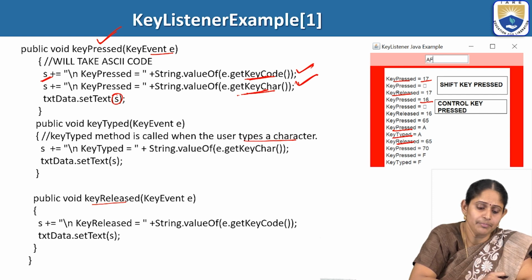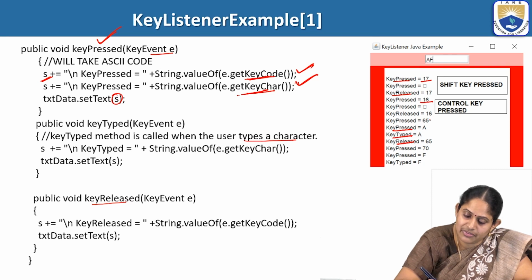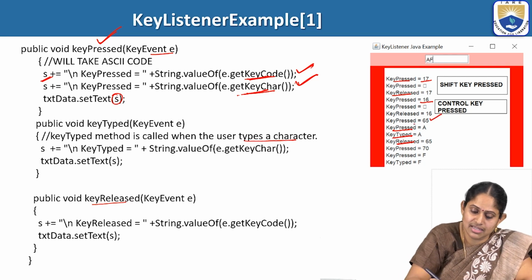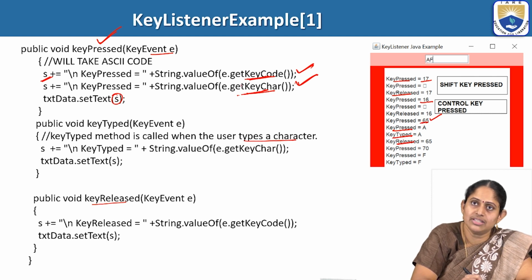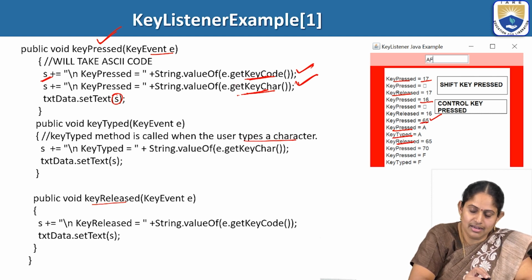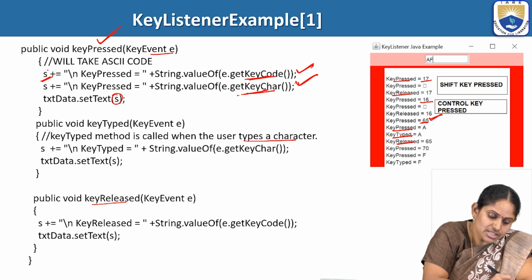So when we press the key A on the keyboard, the first message will be key pressed 65. That means 65 is the key code of the character A, and that value is set to this string.